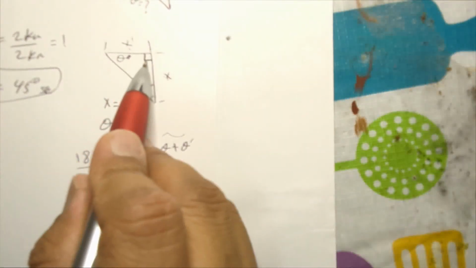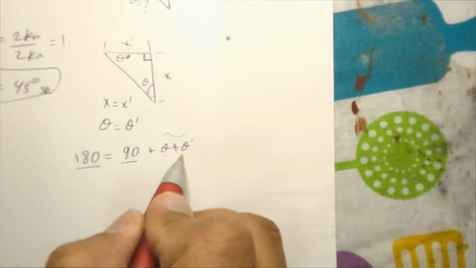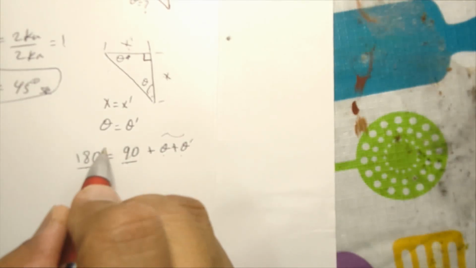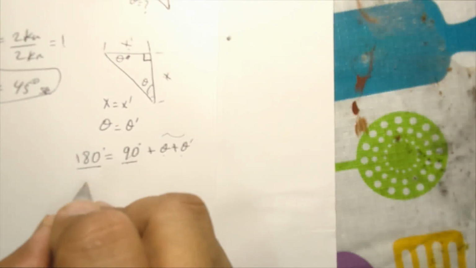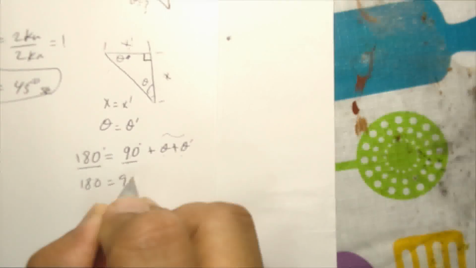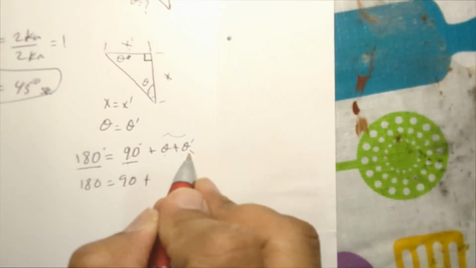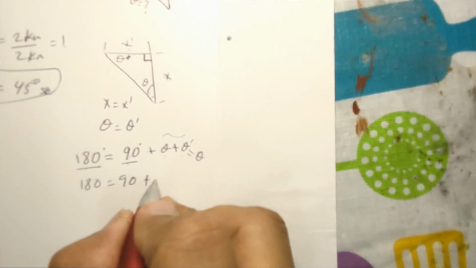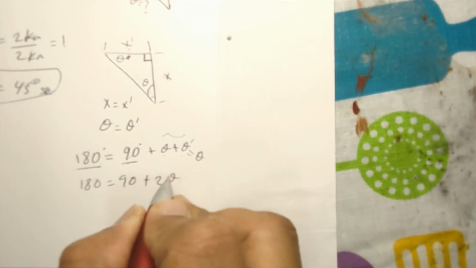These two angles plus this angle give you 180, so 90 plus theta prime, which is equal to theta, so we put 2 theta.